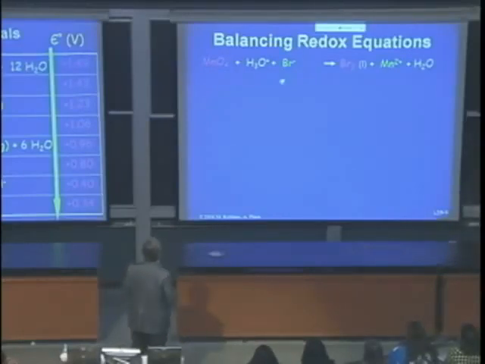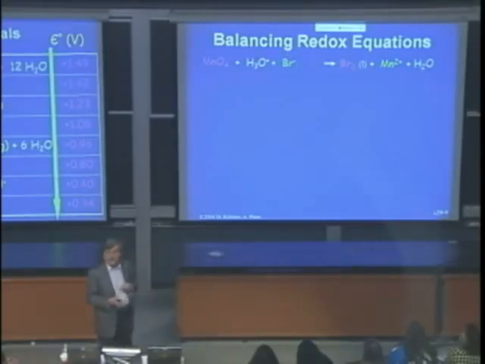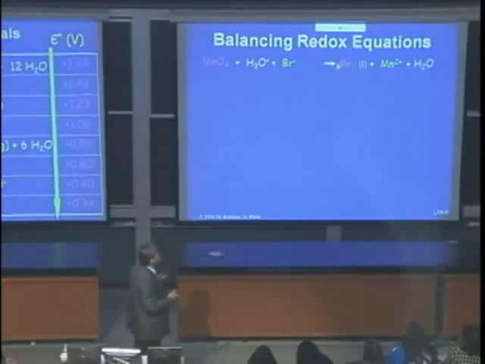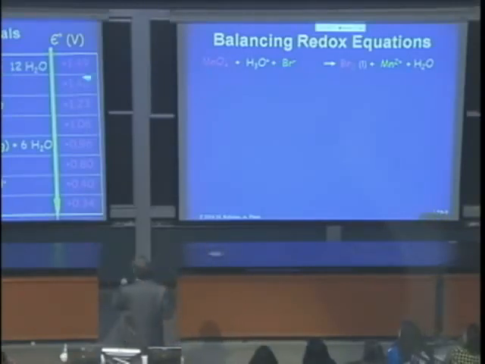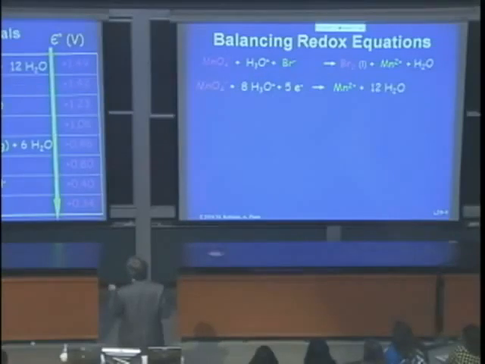And then we have another one, bromide gets oxidized to bromine, liquid bromine. Bromide, what's the oxidation state of bromide? -1, and bromine, 0, okay? So now let's manufacture this out of 2 half cells. We use that half cell here, let's write it, MnO4- plus 8 H3O+ plus 5 electrons gives Mn2+ plus 12 H2O.